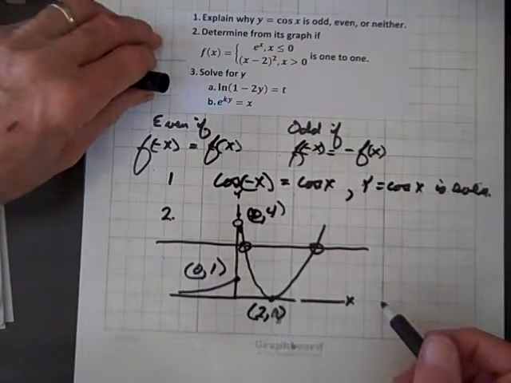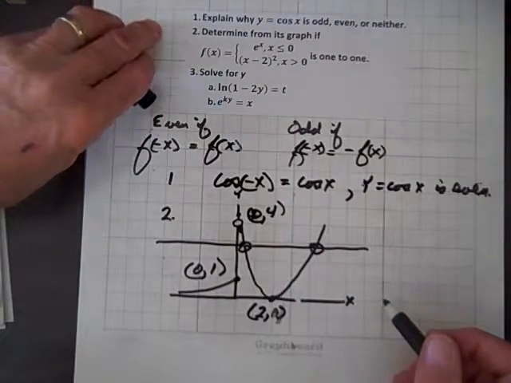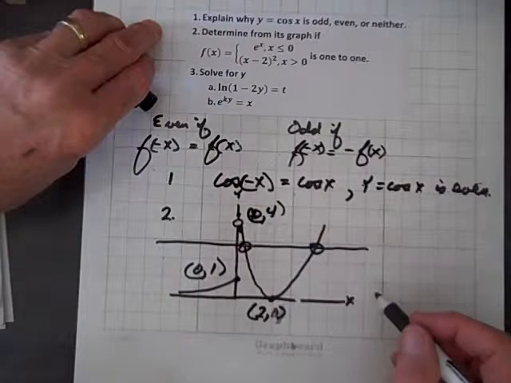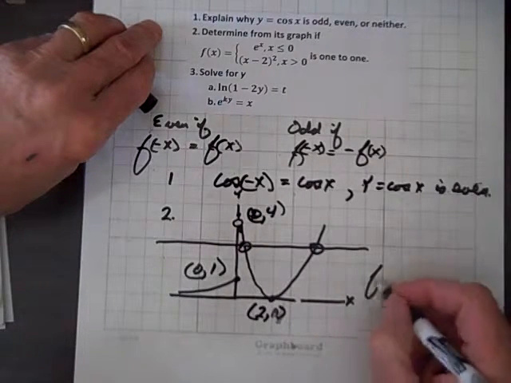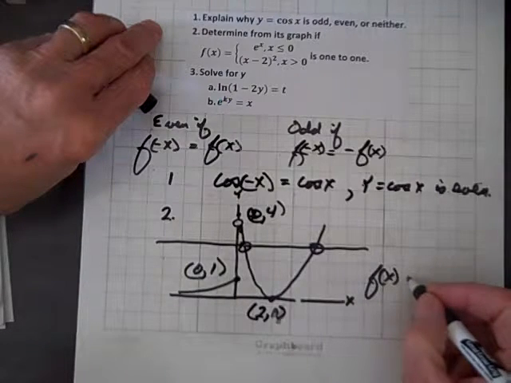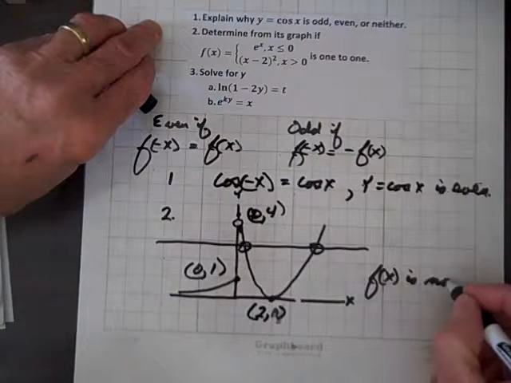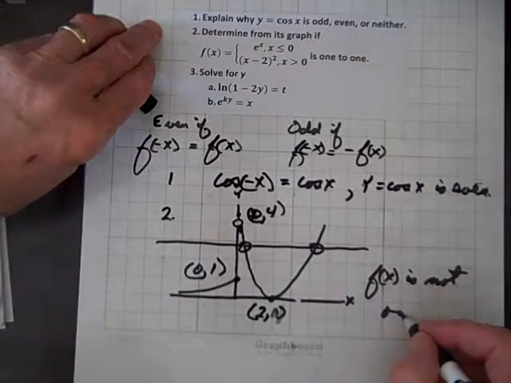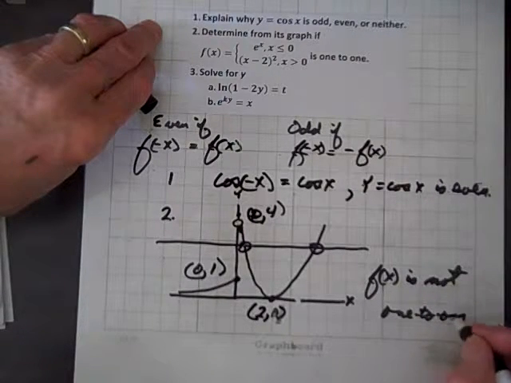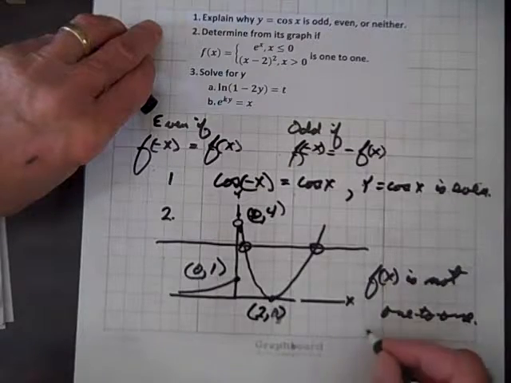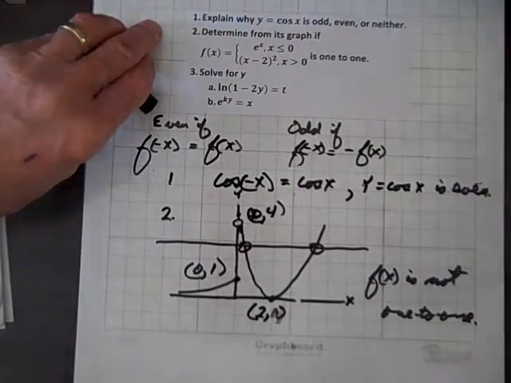We just had to find one incidence where the horizontal line test wasn't satisfied, and in so doing we know that f of x is not 1 to 1. And we're done with this question.